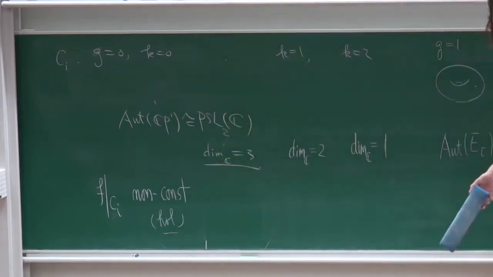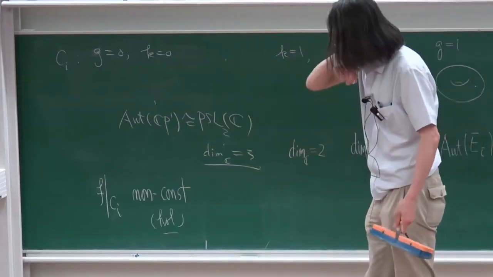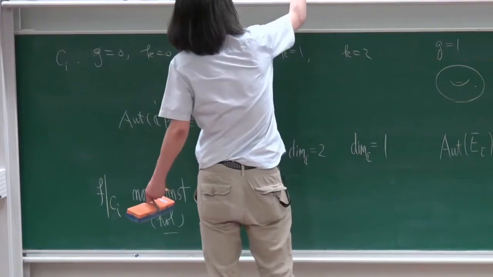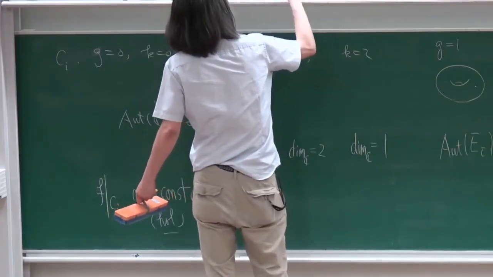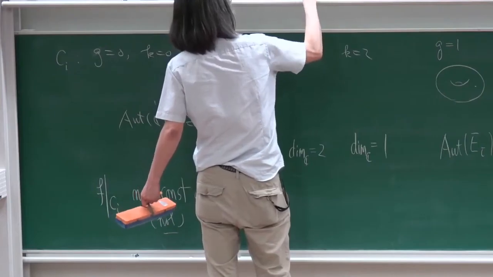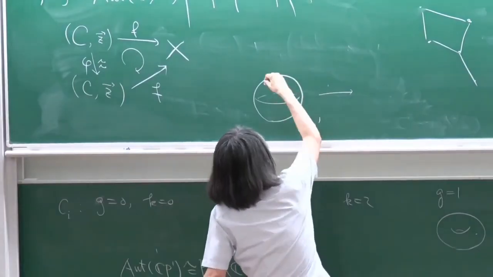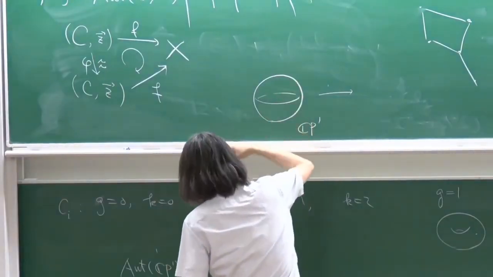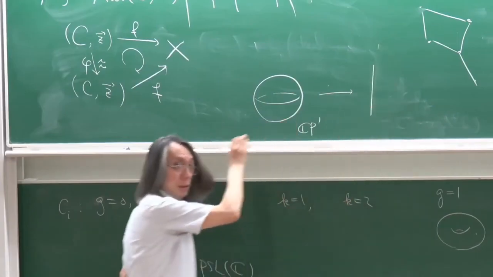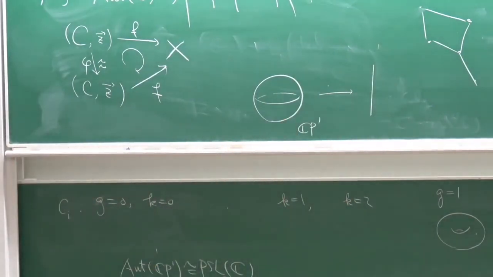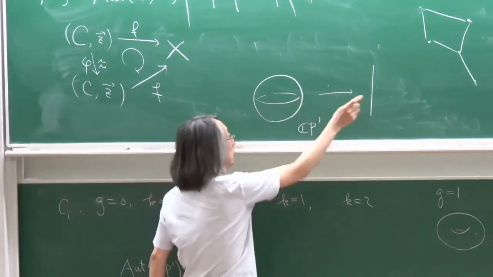Okay, so if you only consider smooth maps, and you have a domain like CP1, and your map just collapses the horizontal circles to a point, then this is certainly a non-constant map, but it has rotational symmetry preserving the map.